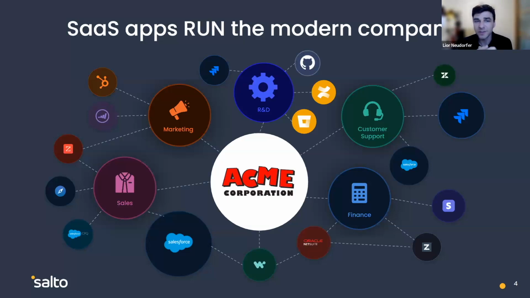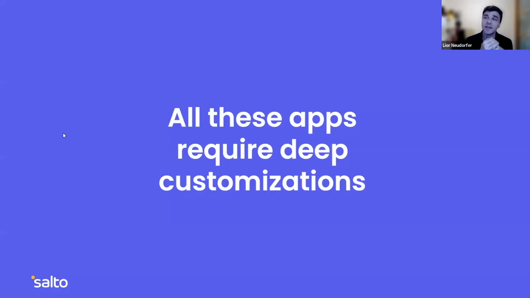These are all modern SaaS applications that are critical for the modern company. If one goes down, if there's an error, if something's broken, business is lost. This is the reality.